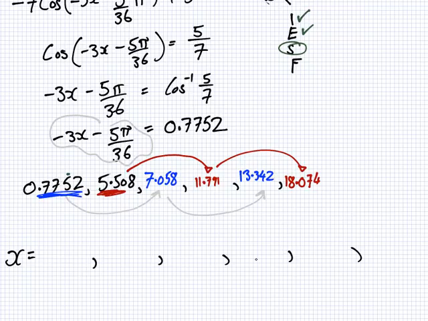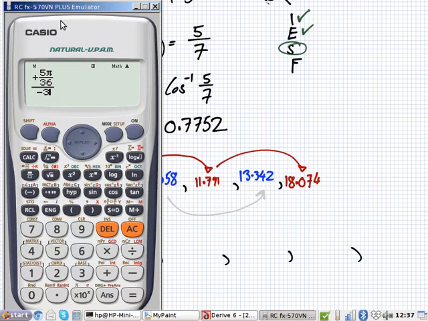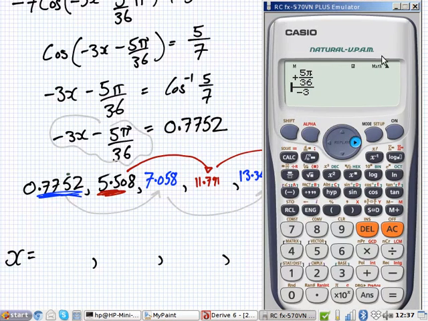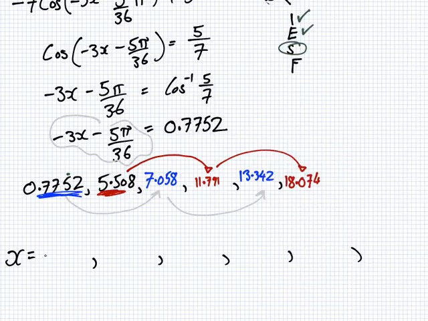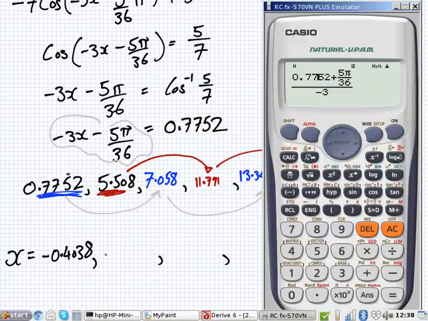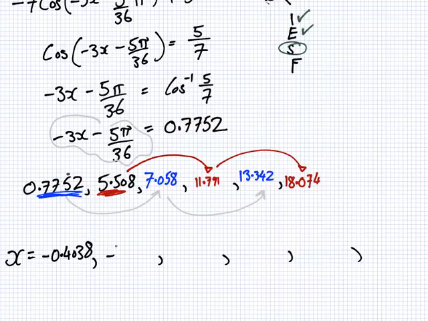The first one: 0.7752 gives minus 0.4038. Next one, 5.508, gives me minus 1.981.